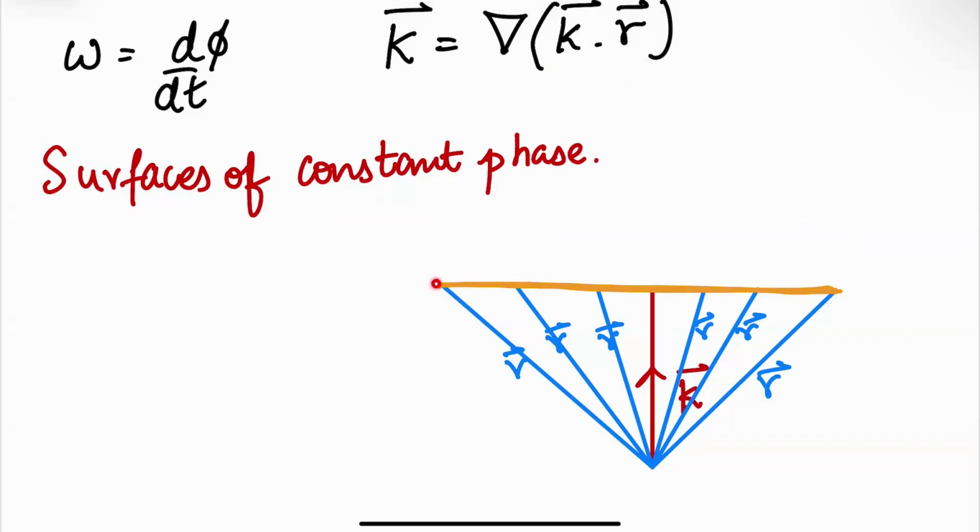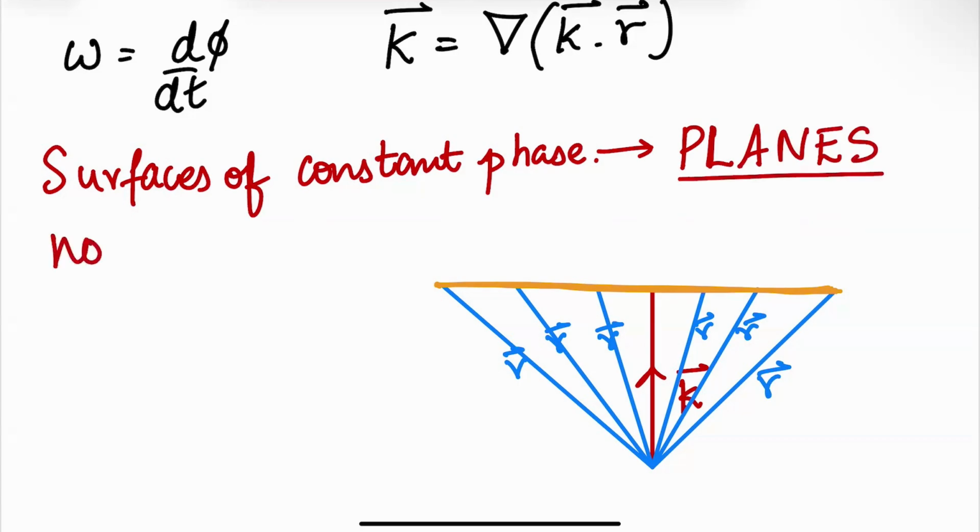Which means that on this surface, all these vectors have the same phase. So surfaces of constant phase are planes normal to k. That's the reason this solution is called a plane wave solution.